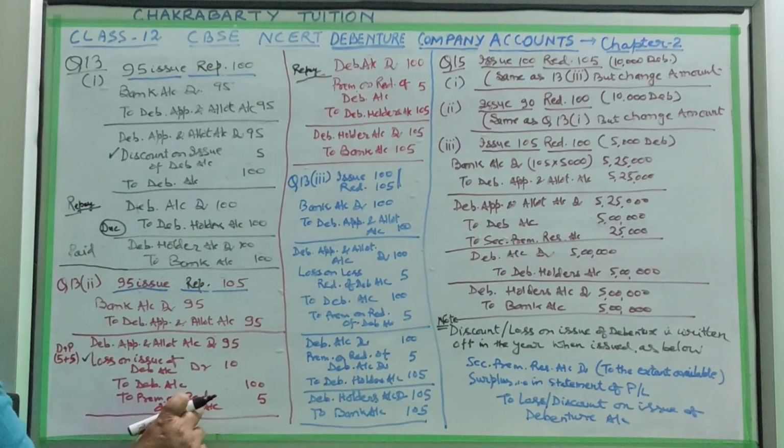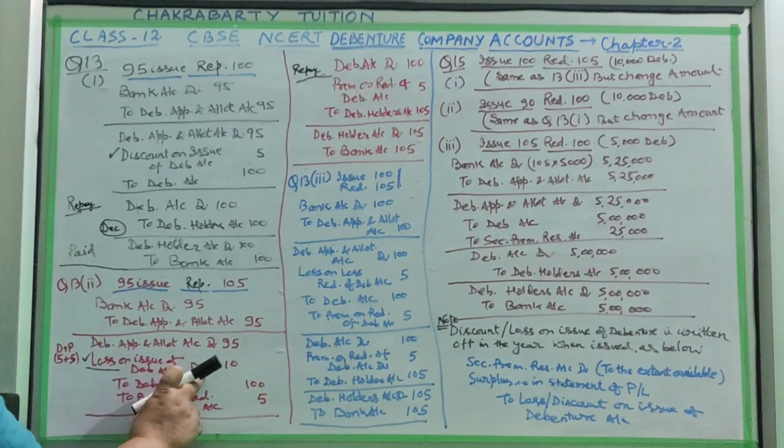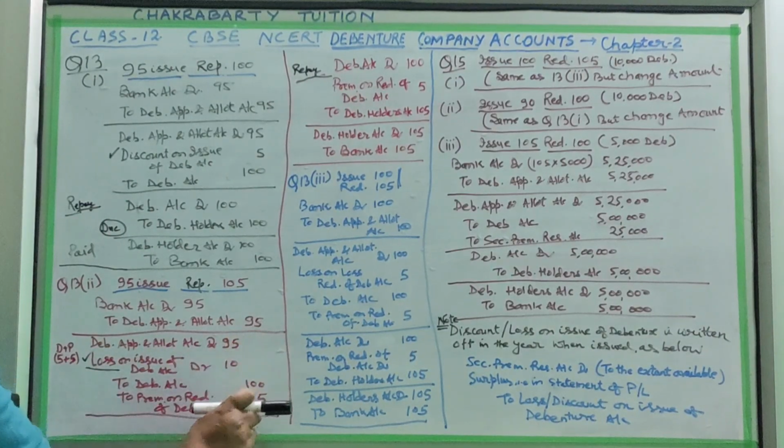If premium on redemption of debenture is there, you debit loss on issue of debenture account. So 5 plus 5, it is 10 rupees.